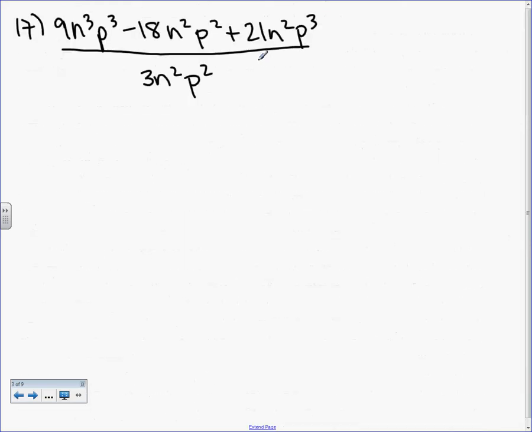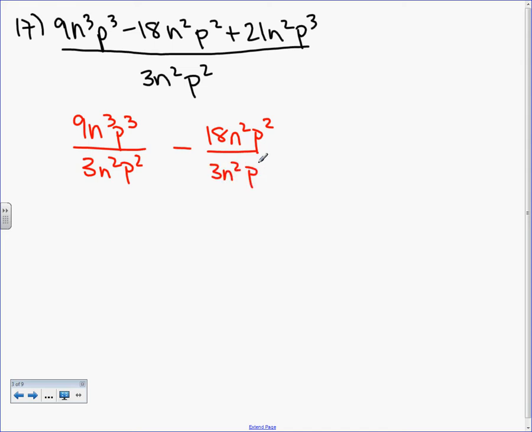I put these on separate pages so you could actually read. This is 17, okay? So I'm going to pull it apart. I'm going to write 9n cubed p cubed over 3n squared p squared, minus 18n squared p squared over 3n squared p squared. Do you see what I'm doing? I'm splitting it up, okay? Plus 21n squared p cubed over 3n squared p squared.